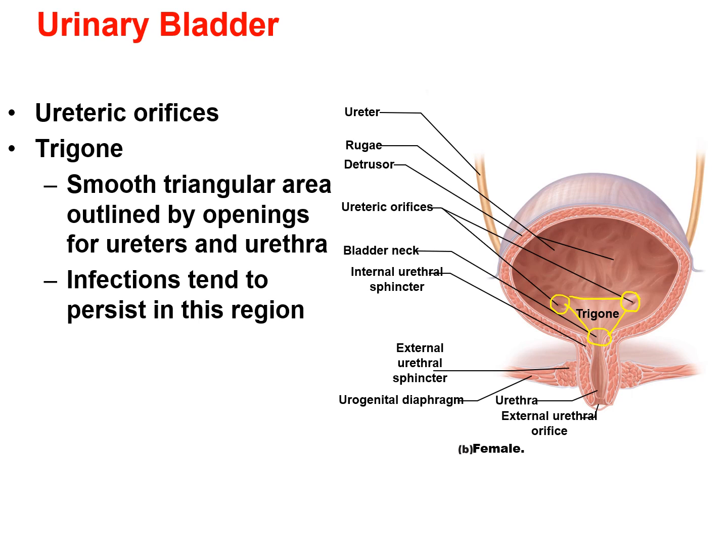This triangle on the floor of the bladder is called the trigone, and it is going to be a smooth area. And since you have all of these openings going to this area, this can be an area where if you have a bladder infection, the infections can kind of persist in this region.